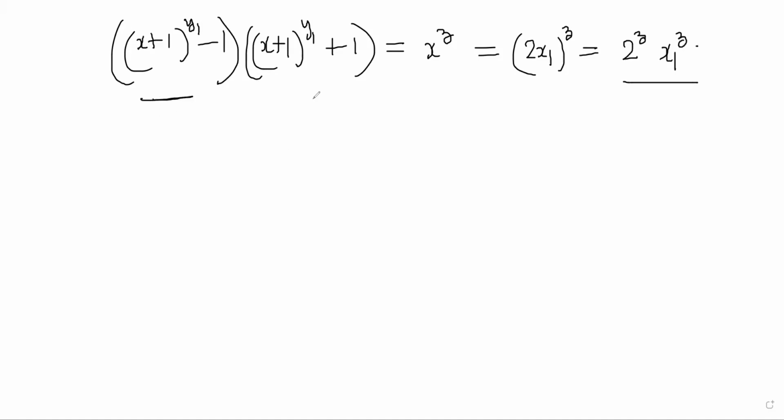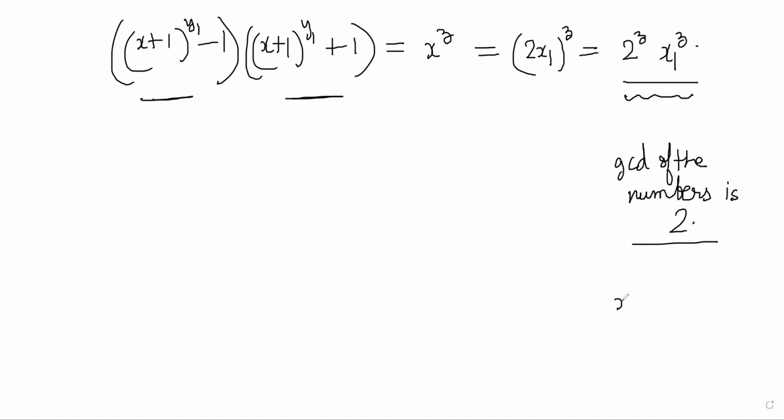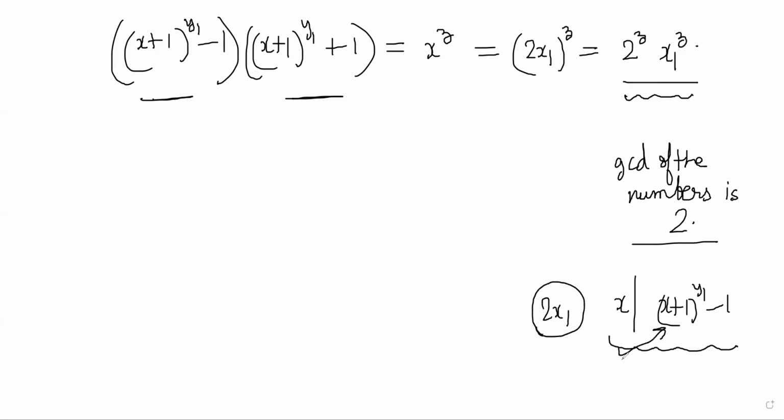So the product of these two numbers is this, and the GCD of the numbers is 2, and x divides x plus 1 power y1 minus 1, right? So basically you have 2x1 divides this, right?